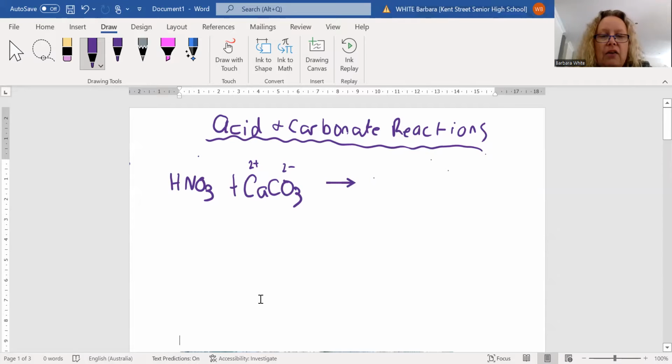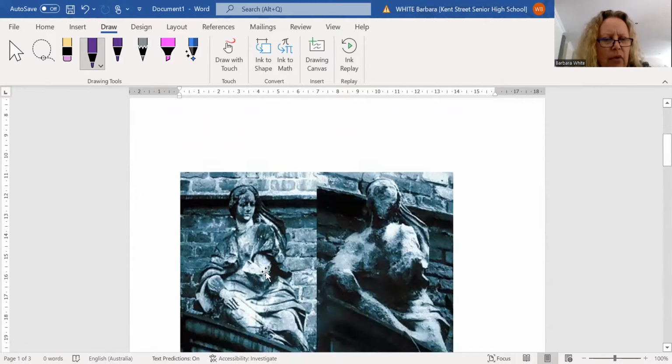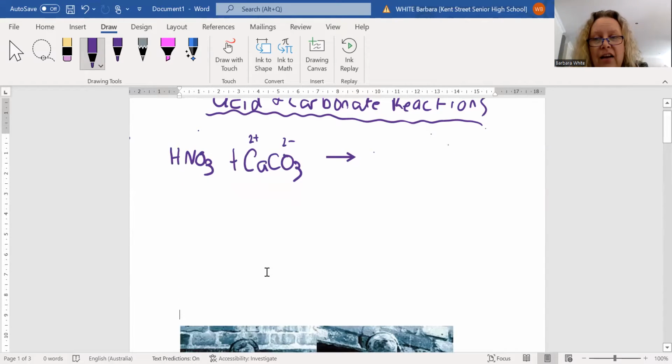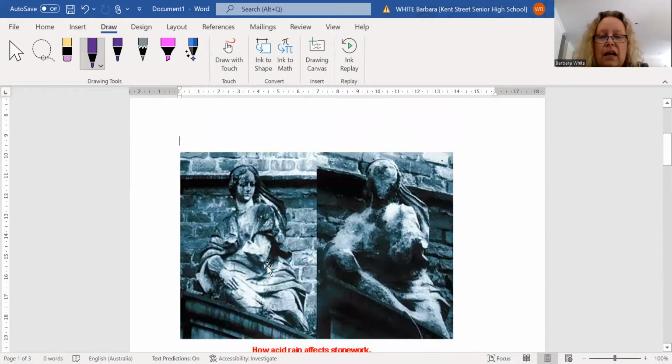The other thing is, calcium carbonate is used to make marble monuments to important people and mythological things, headstones, that kind of stuff. Here's an example of a marble statue before and after nitric acid fell from the sky and eroded it.